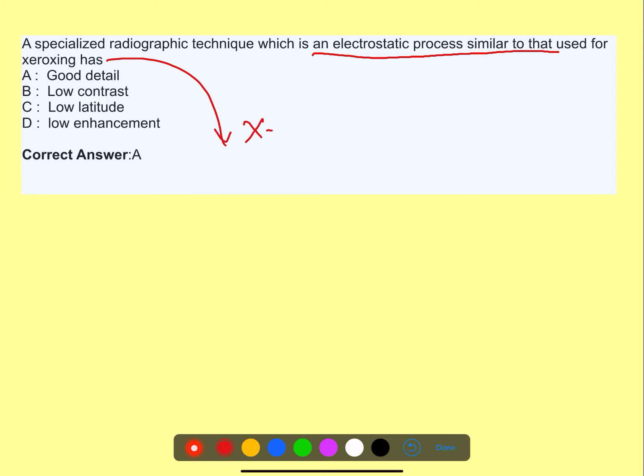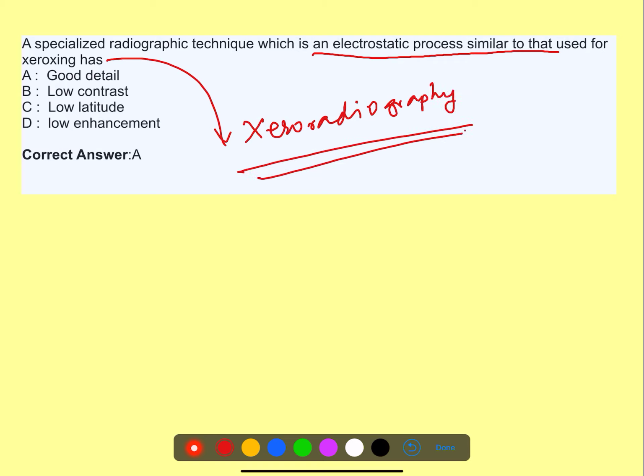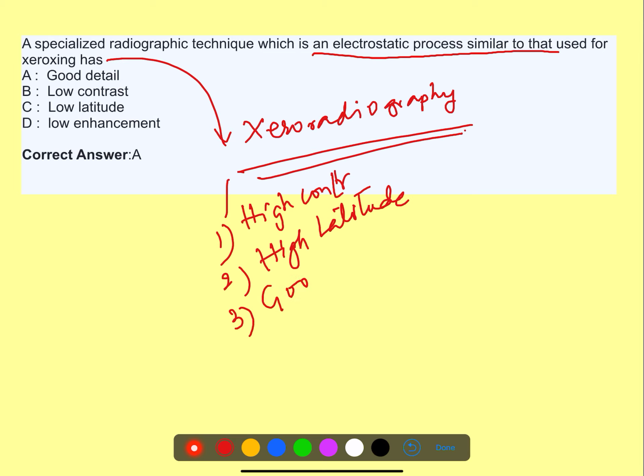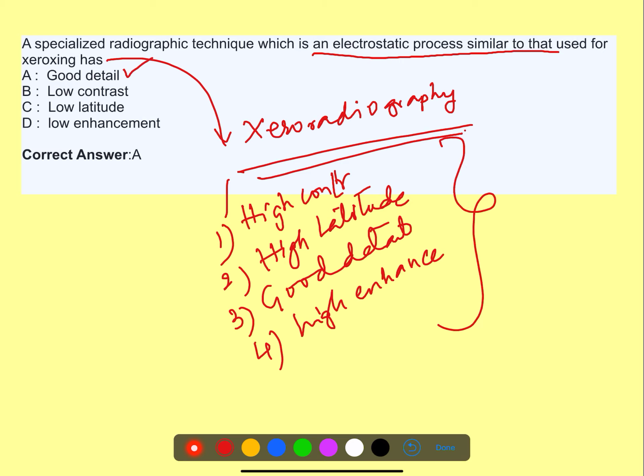It is nothing but xeroradiography, and this xeroradiography has advantages: it has high contrast, the image will have high latitude, it will have good detail and high edge enhancement. So the correct option is good detail. And this xeroradiography is used for the lateral skull and TMJ problems mostly.